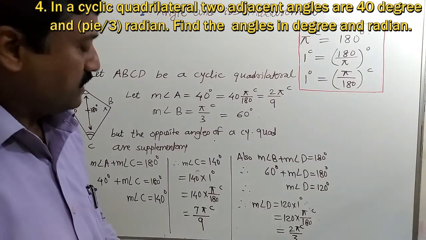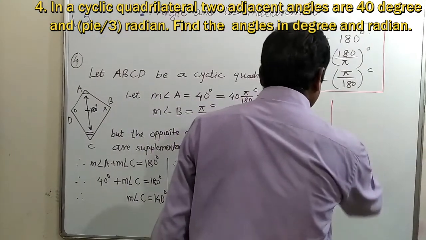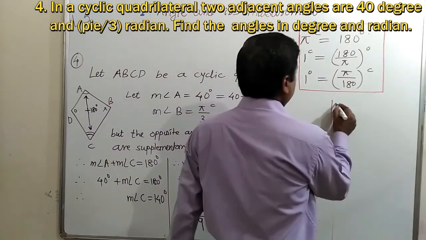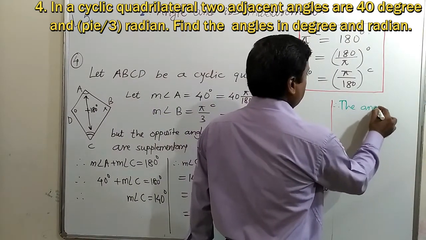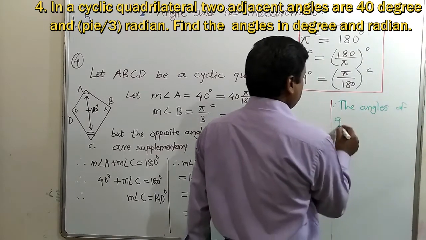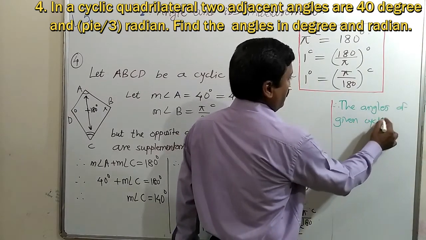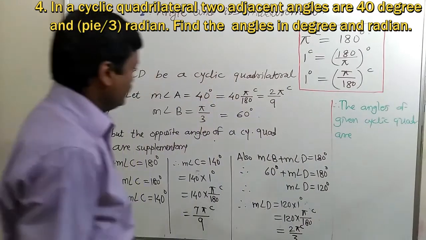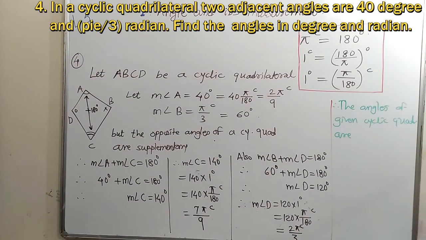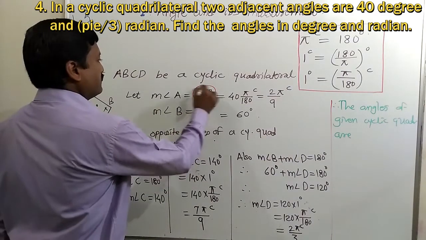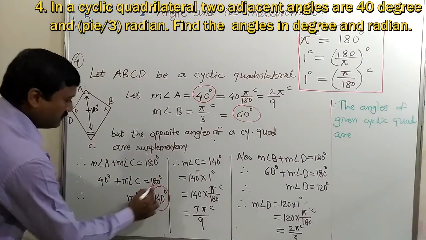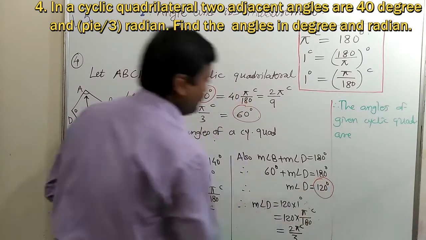Therefore, at last, we can write the answer as, therefore, the angles of the given cyclic quadrilateral are, in degrees, those angles are nothing but A is equal to 40 degree, okay, B is equal to 60 degree, C is equal to 140 degree, and D is equal to 120 degree.